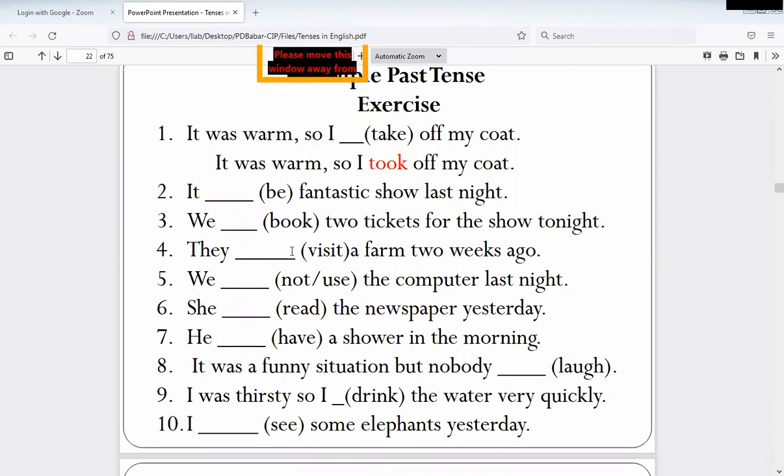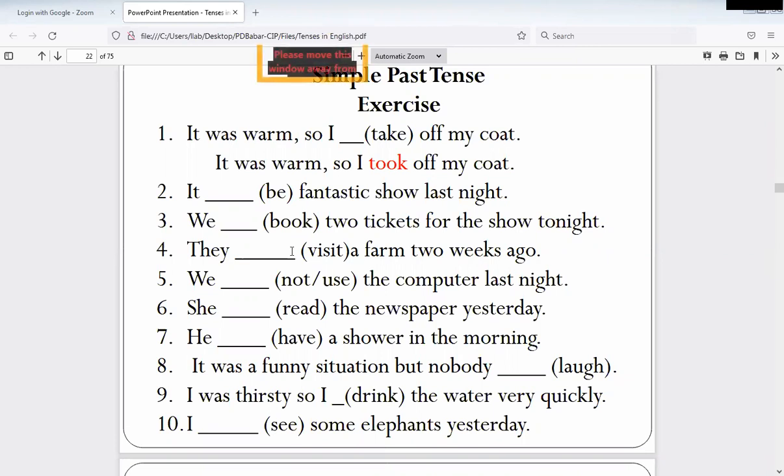In the morning he has taken a shower, or a bath, and that's why we can use here he had a shower in the morning.